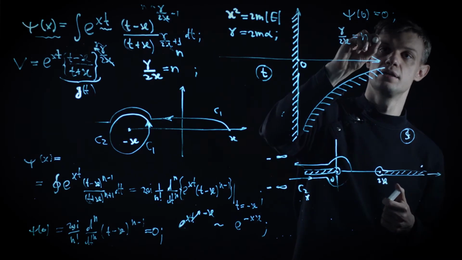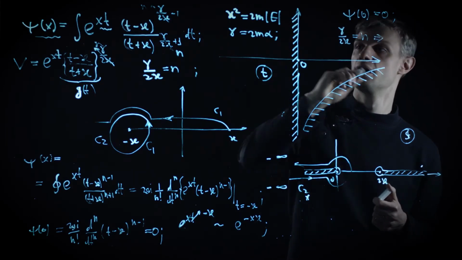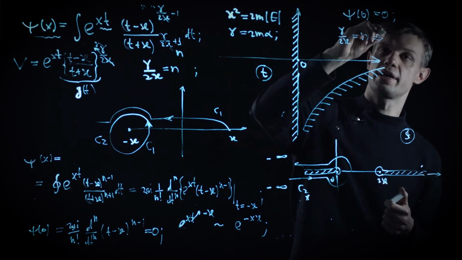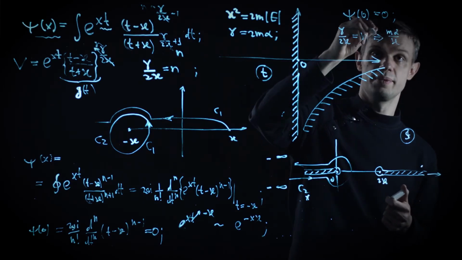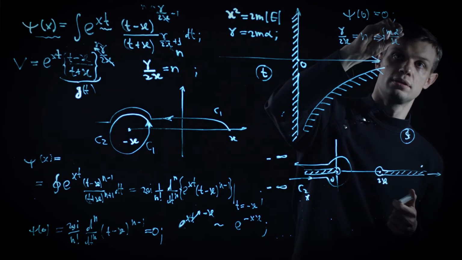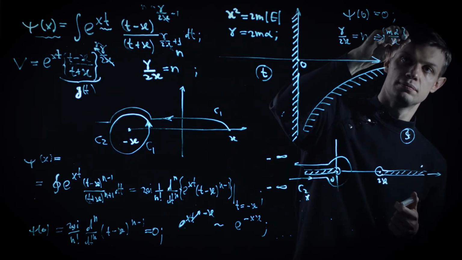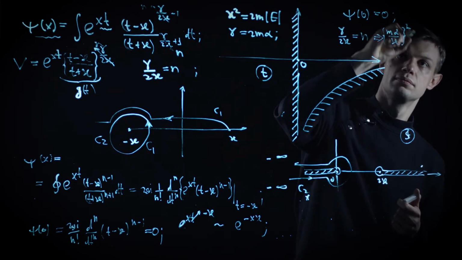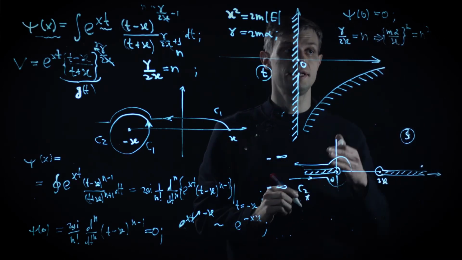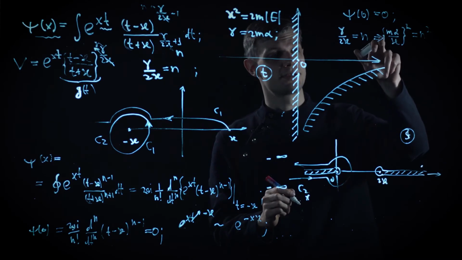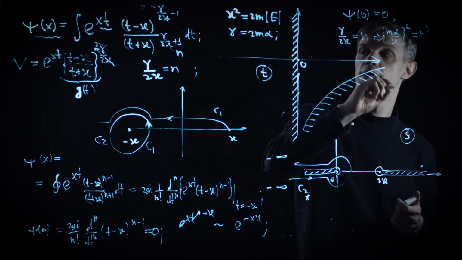So we get m alpha over kappa equals n. Let's make a square. And as a result, kappa squared is equal to m squared alpha squared divided by n squared.